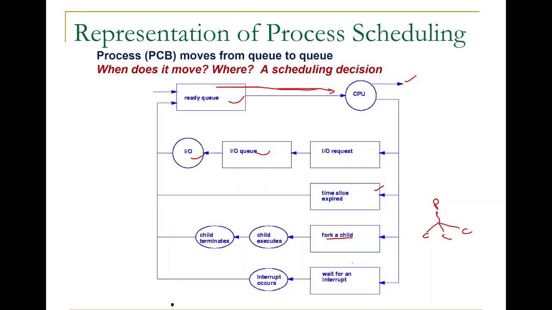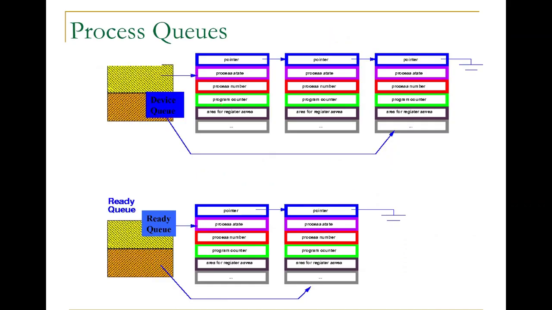So these are some of the reasons why processes move. They move from the running state to the waiting state, before moving back to the ready state. These are the different states it can move between.